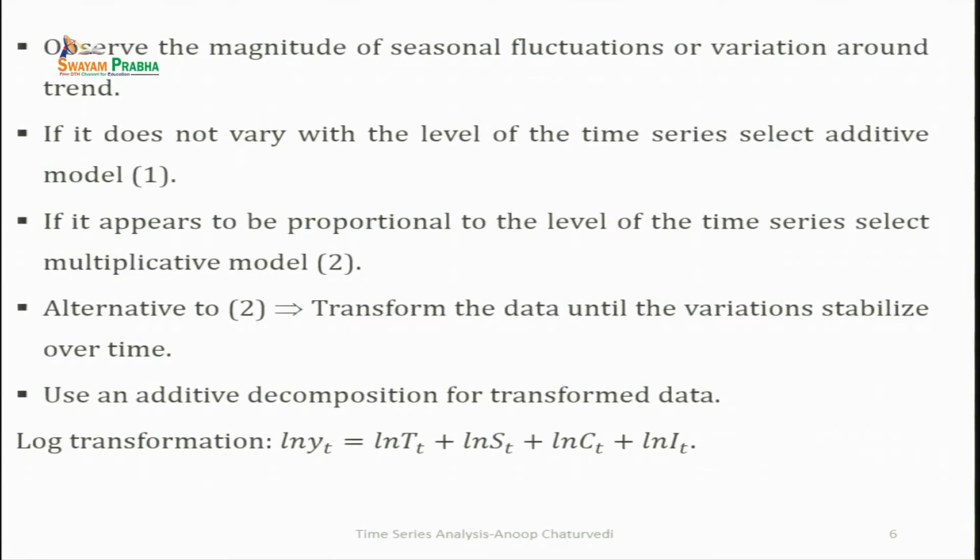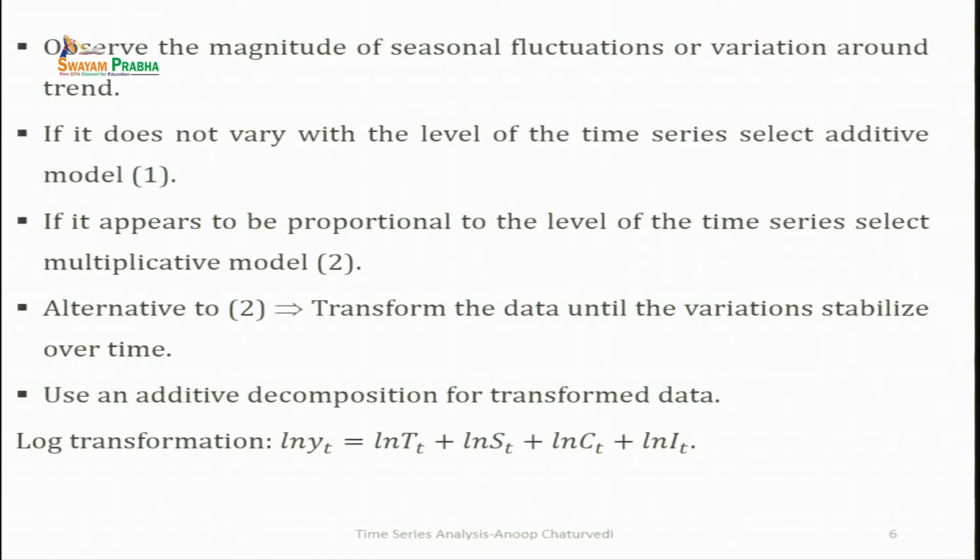Now, we observe the magnitude of seasonal fluctuations or variation around the trend component, because your time series not only has a seasonal component, it may also have a trend component. So, better if we observe the magnitude around the trend component.